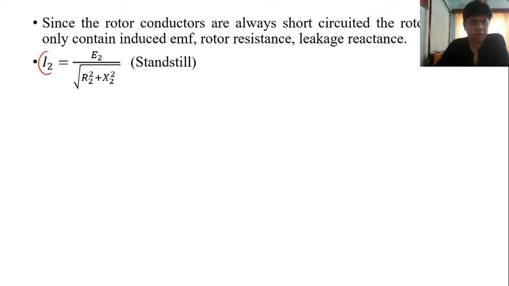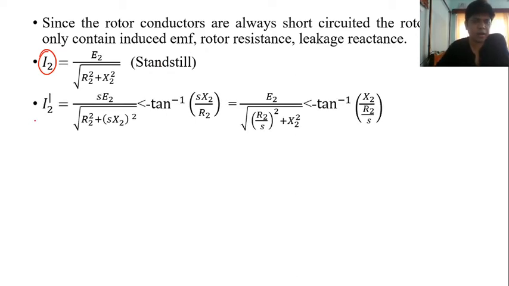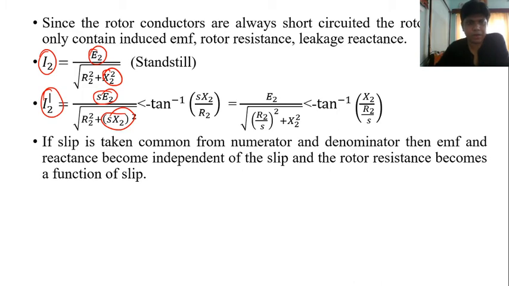So again, the rotor current is the ratio of E2 to the square root of R2 square plus X2 square in case of standstill conditions, and in case of the running conditions, this induced EMF is scaled by a factor of S. This leakage reactance is scaled by a factor of S, and when slip is taken common from numerator and denominator, then EMF and reactance become independent of the slip, and the rotor resistance becomes a function of slip, right? Here the rotor resistance becomes a function of slip.